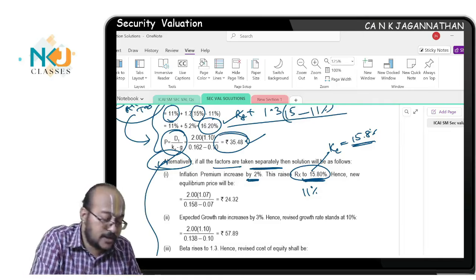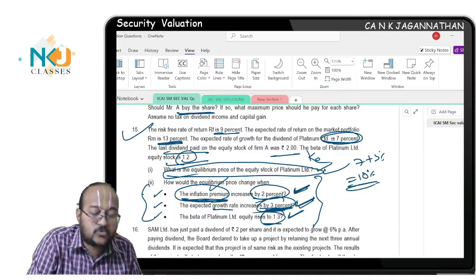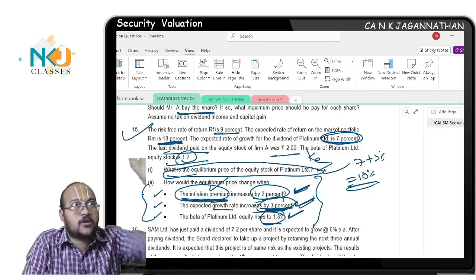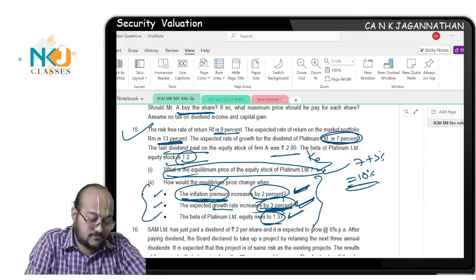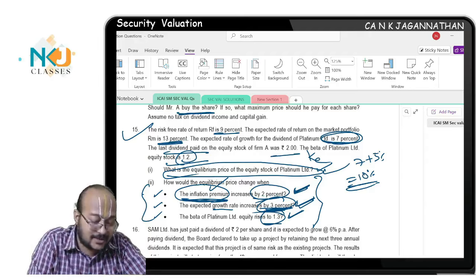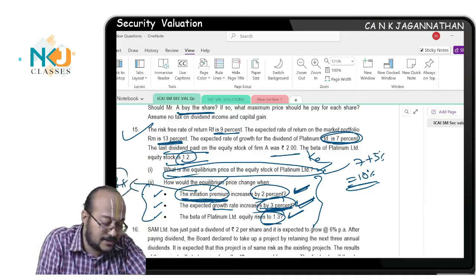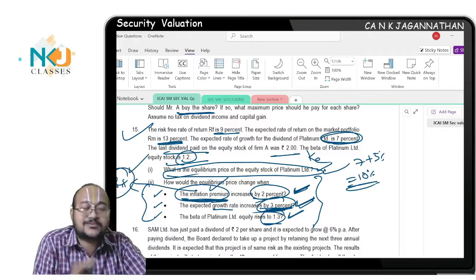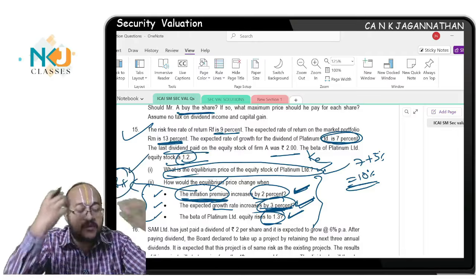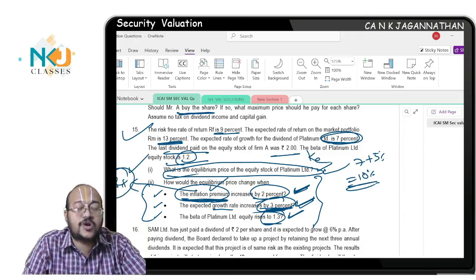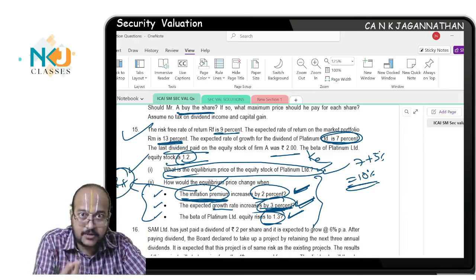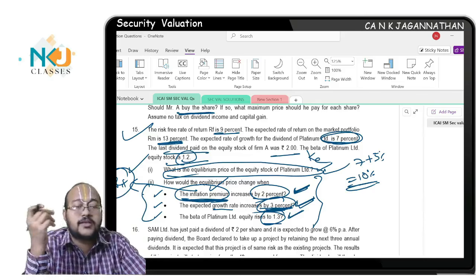See, why should I ask the wrong question and give you all the alternatives and expect the alternative solutions? Instead, instead of inflation premium, if the risk-free rate or interest rate changes by 2%, they have given it straight away. There is no issue at all. If they made changes to the question, then there will be no issue.